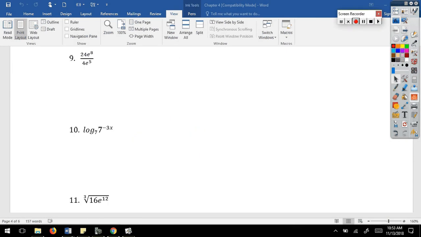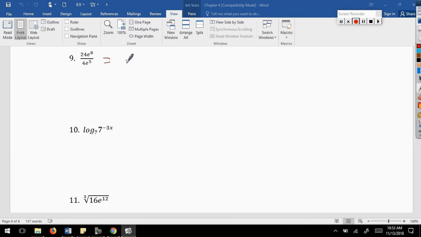As I simplify these three expressions, first thing here, I'm going to simplify the numbers in front. 24 divided by 4 is 6, and 8 minus 5 would give me 3. This is that property we talked about. If the bases are the same, these cancel and just leave me with 3x. For the last one, I have the cubed root of 16.